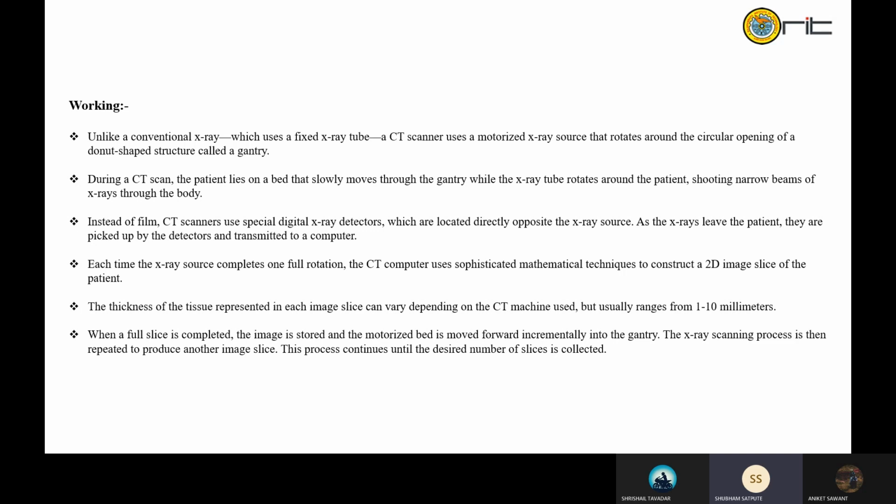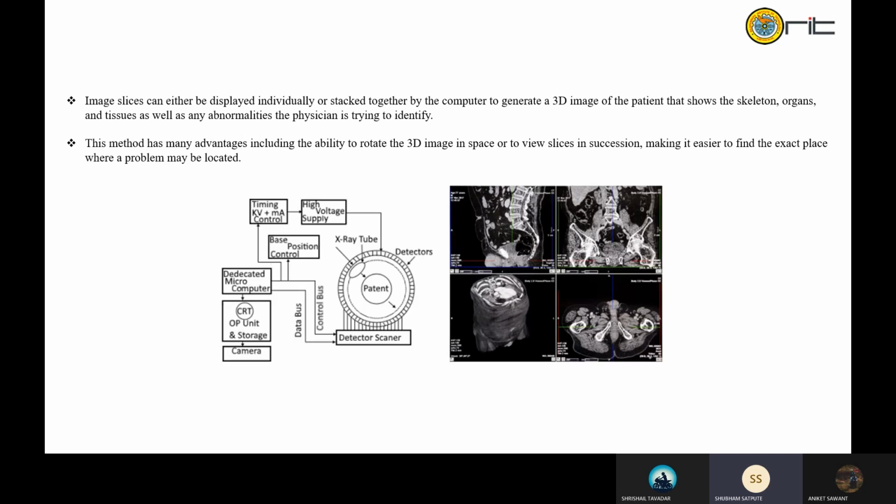The image slices can either be displayed individually or stacked together by the computer to generate a 3D image of the patient that shows the skeleton, organs, and tissues as well as abnormalities the physician is trying to identify.